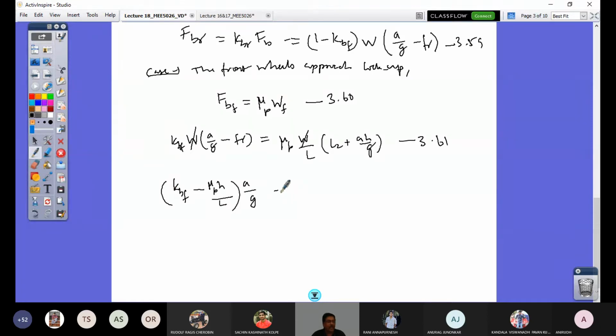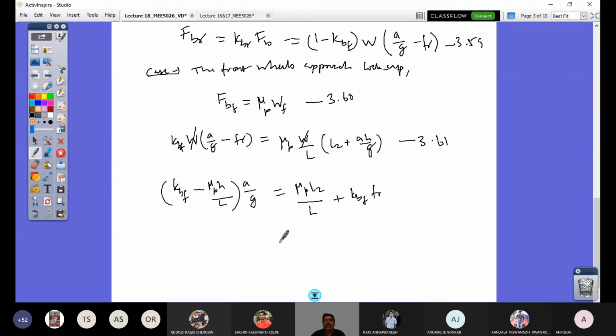On the other side, I will have μp times L2 by L, and this K_BF into F_R goes on that side, plus K_BF into F_R. So now I require this.